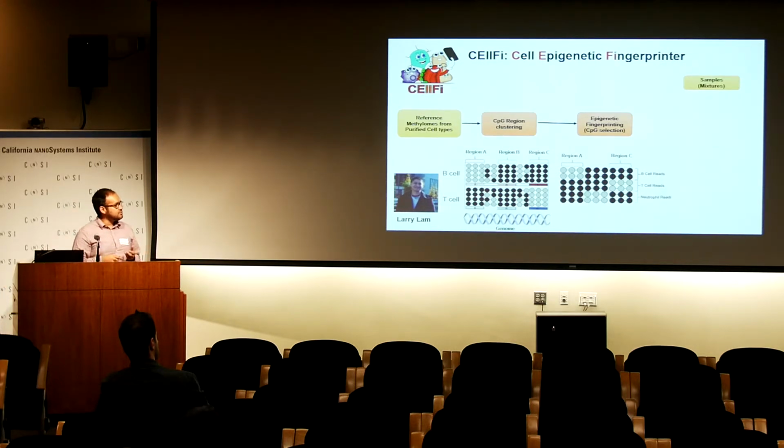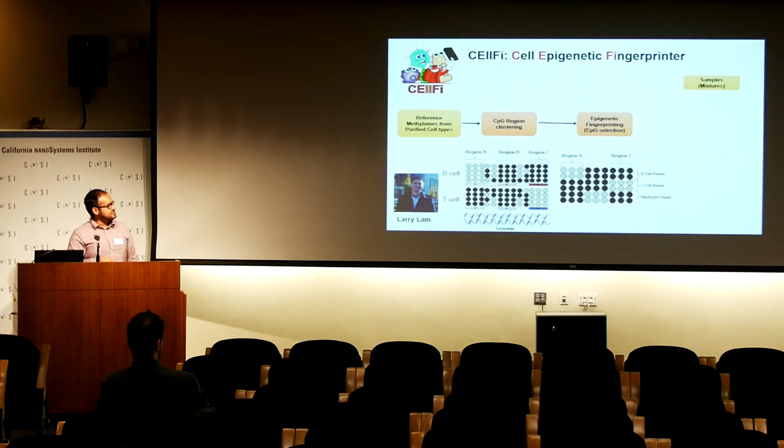With different algorithms, we identify CpG loci which are most characteristic of a certain cell type, usually demethylated. So in this case, if this is a mixture, you can see that we've selected region A because region A is demethylated here in this B cell and methylated in T cells and hopefully the other cell types as well.